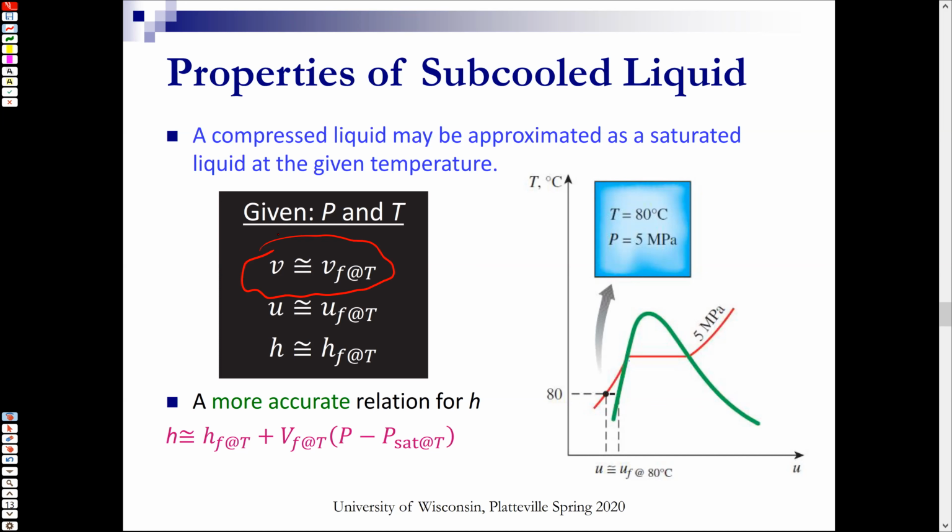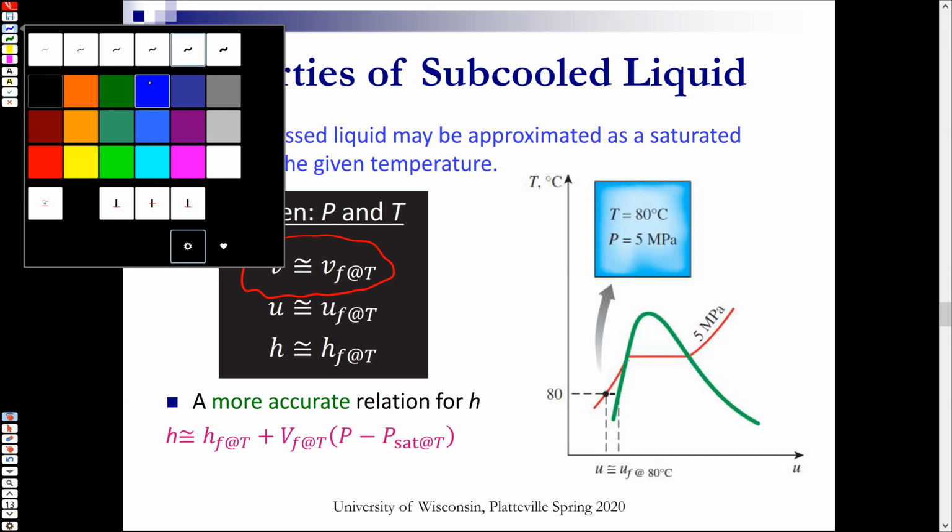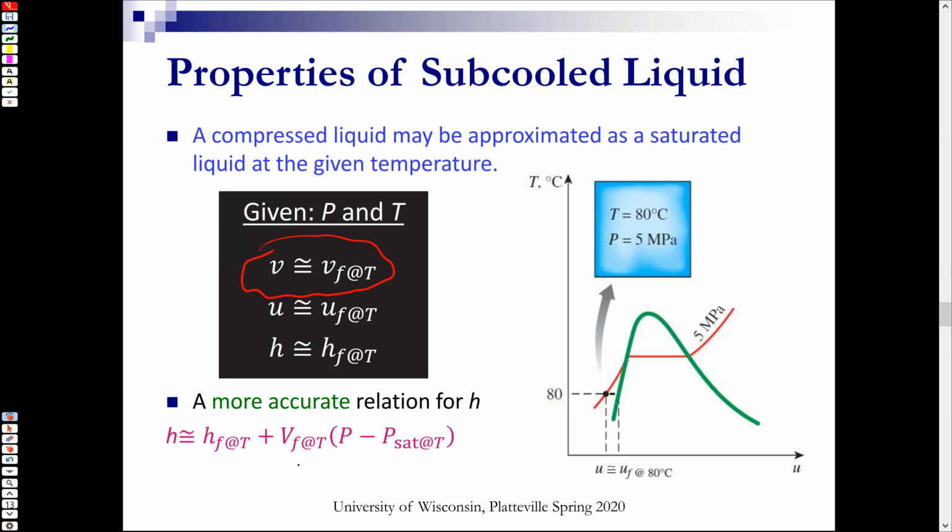With the enthalpy, however, we have two equations. One estimate is to say that h is equal to h_f at the given temperature. We can be more precise and use the second equation, which has one extra term. Let me bold this extra term. Here is our extra term.